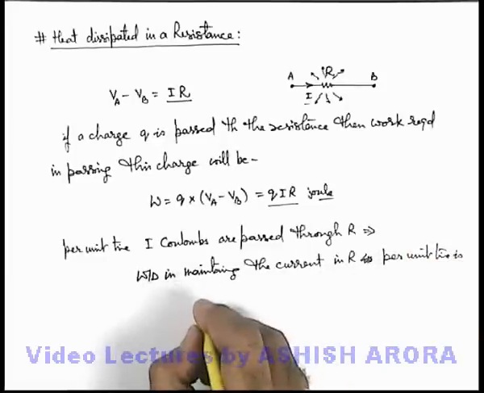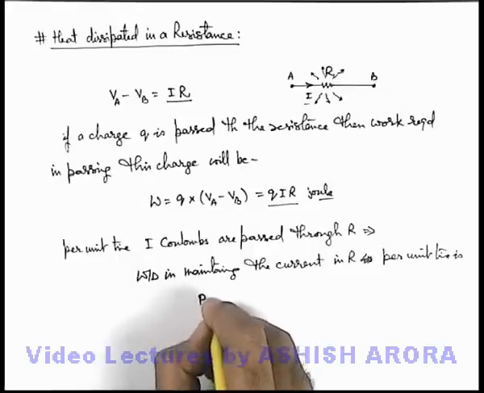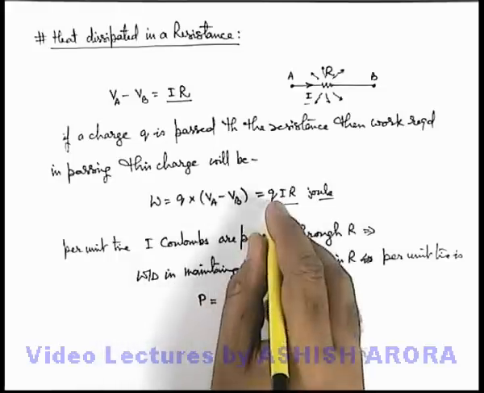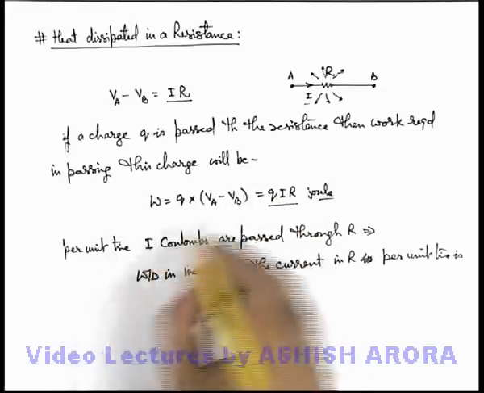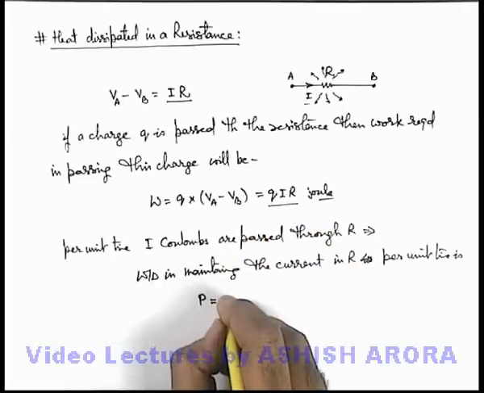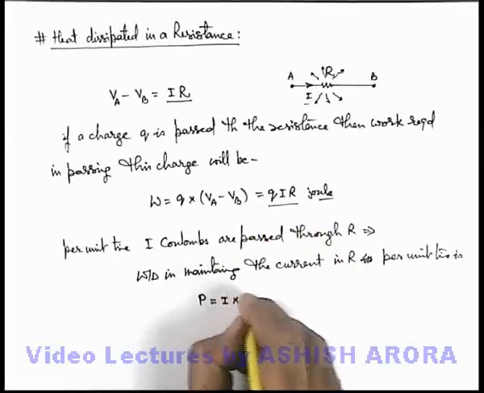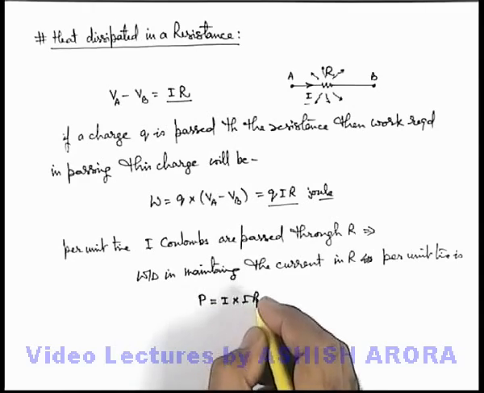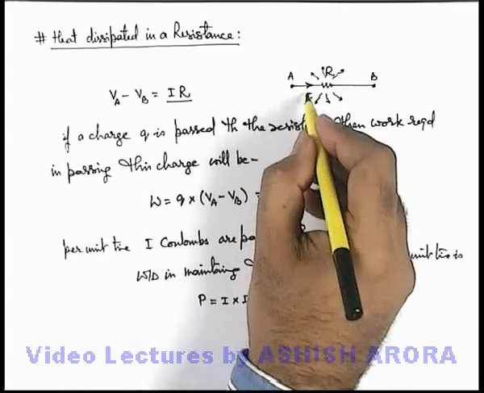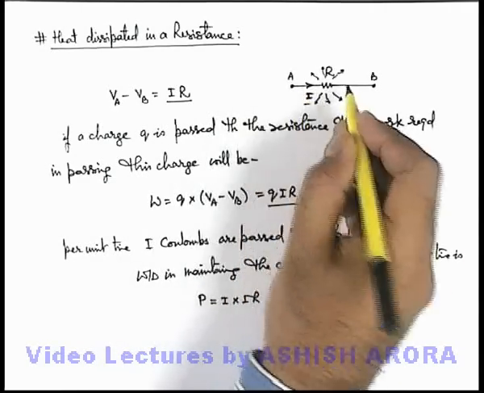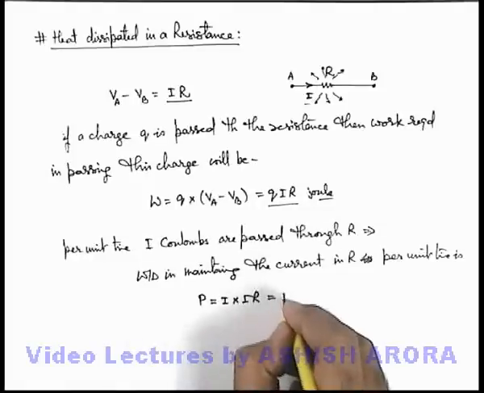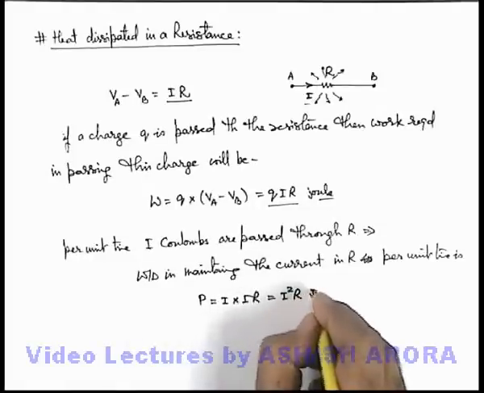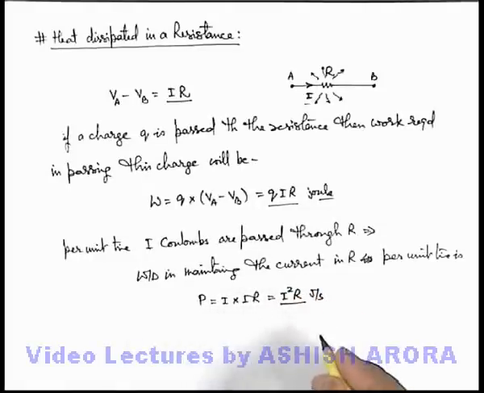this per unit time work can be written as power, where we can substitute I instead of Q. So this can be written as I multiplied by IR. This is the amount of work required per unit time, because if the current I is flowing, the charge supplied per unit time is I. That will be I square R joule per second, or I square R watt.